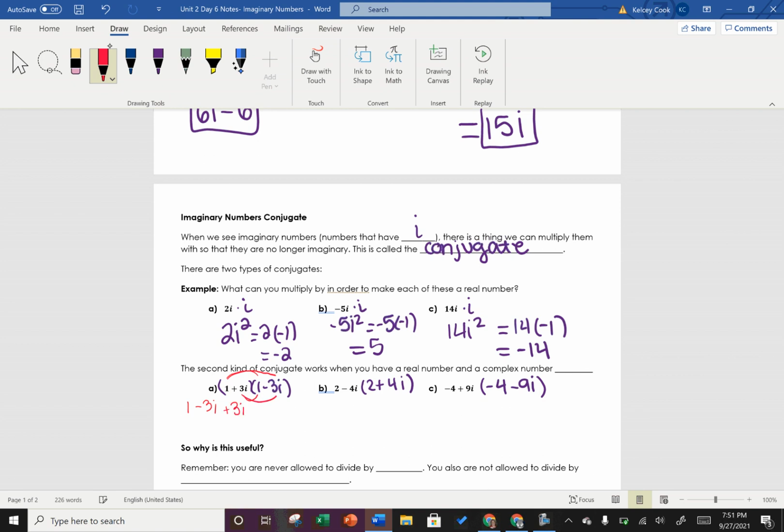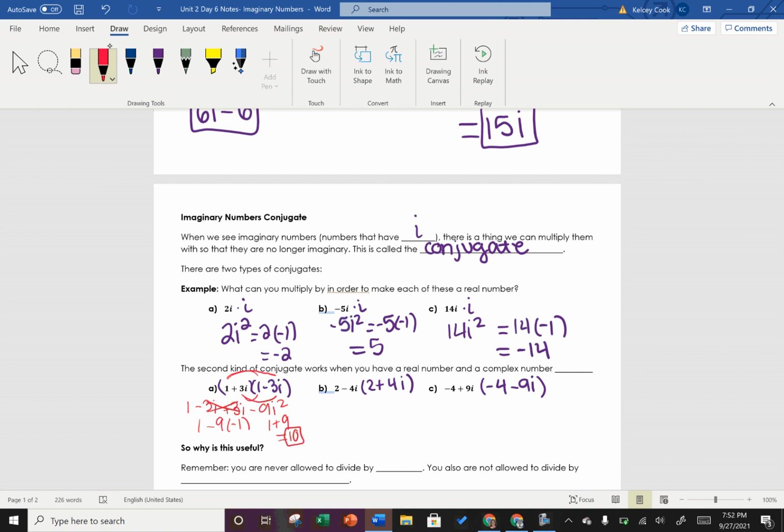And then 3i times negative 3i is negative 9i squared. Now, negative 3i plus 3i, those are going to cancel. We get 1 minus 9 times negative 1, which turns into 1 plus 9, which is 10. So that's nice. We have a regular number to work with, a real number, not a complex number.